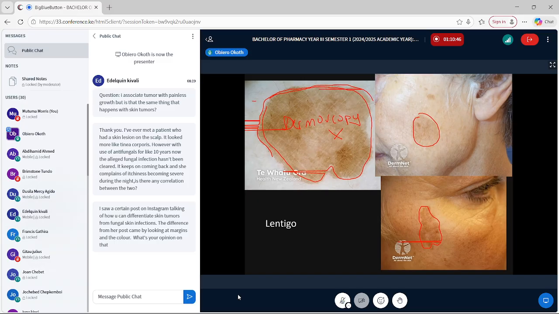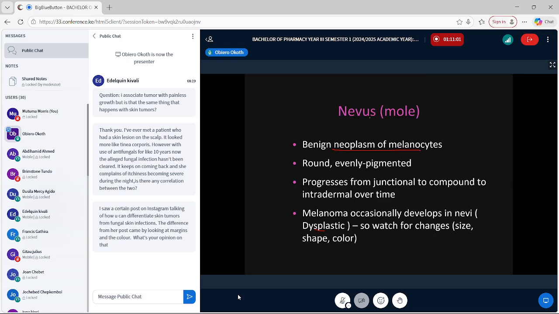You have brought up a very good point, but I don't think it is based on how to differentiate a mole from a melanoma. We are coming to that. When it is benign, the term we use is a nevus, but you can have a dysplastic nevus giving you melanoma.